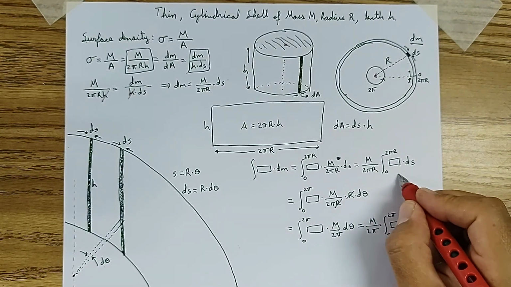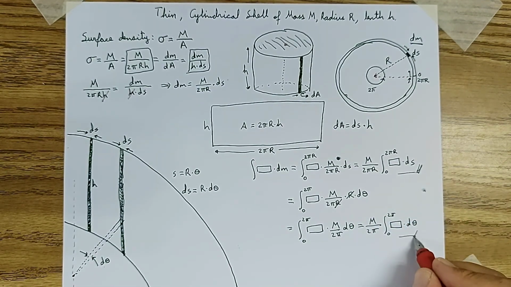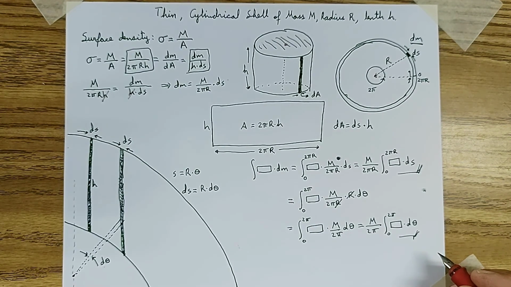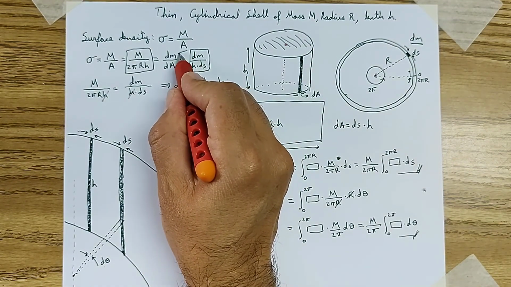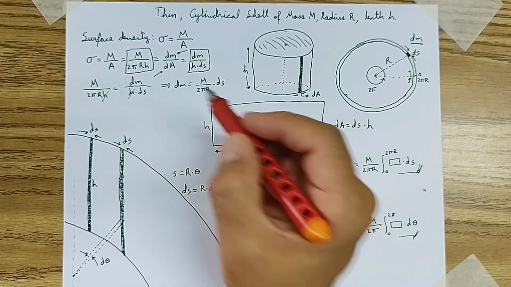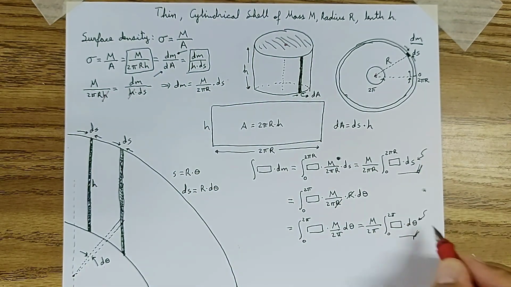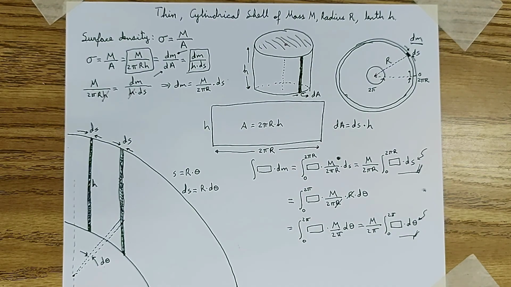So whichever of these two is convenient is something that you need to determine depending on the function that you are given. That's the way that you convert an infinitesimal of mass into an infinitesimal of area and eventually into an integrable variable. Thank you for your attention.